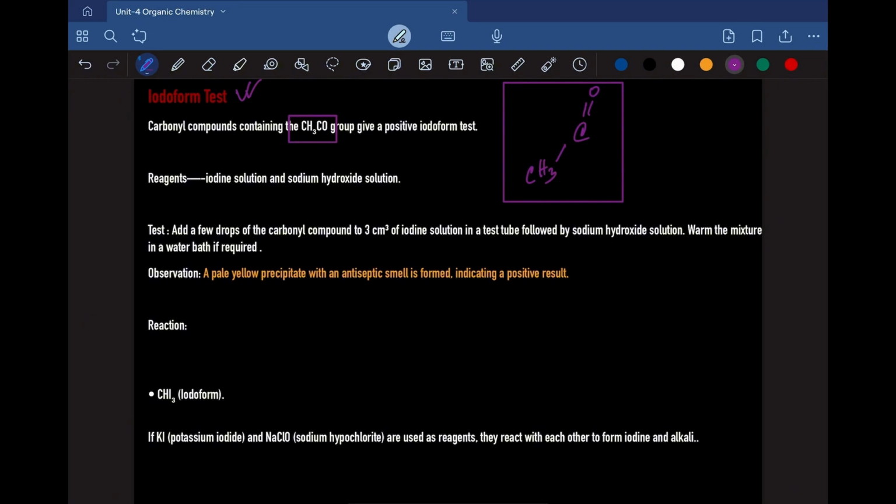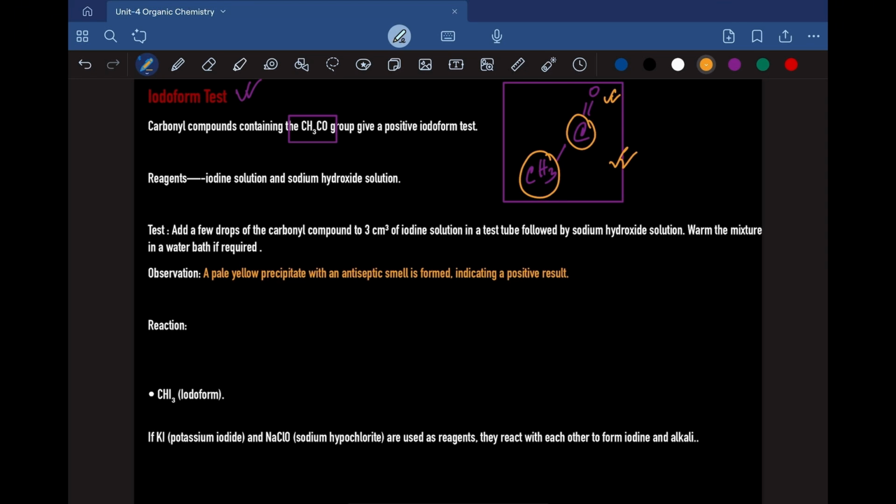That means this particular carbon will have to have a double bond with the oxygen atom and a methyl group. If this is not a CH3, then it will not give a positive iodoform test.